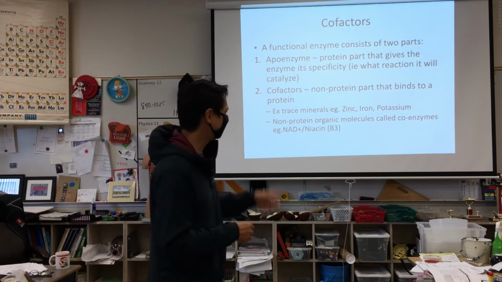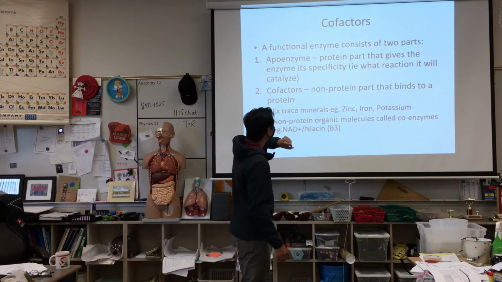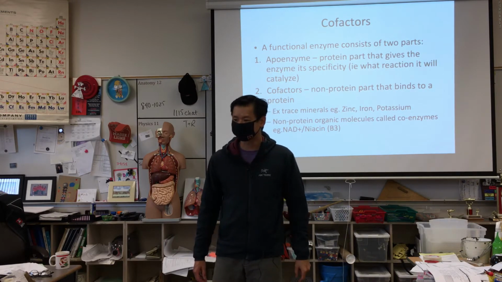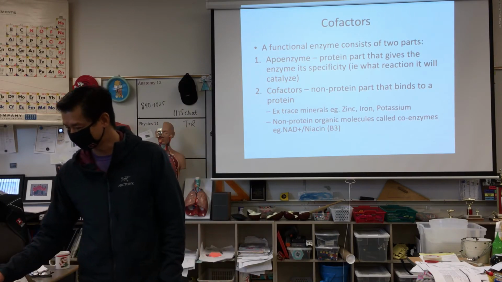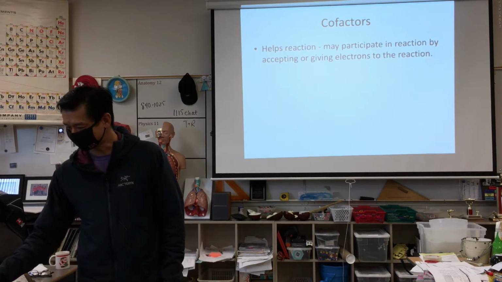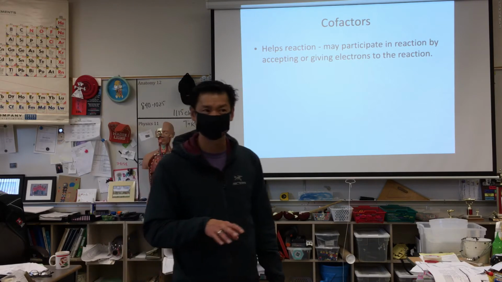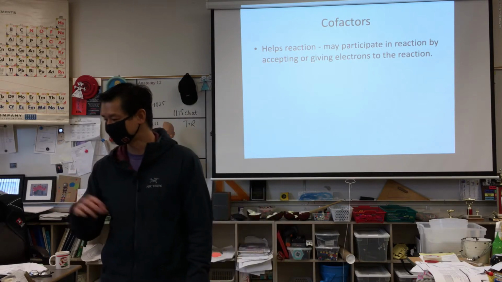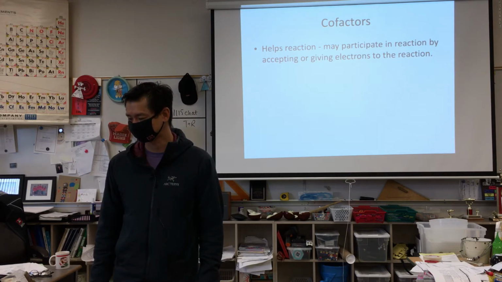You might see that term, so I wanted to make sure you understood what it meant. Many of them require a helper substance to function properly. That's what a cofactor is. It helps the reaction and may participate by accepting or giving electrons, but it's not used up itself. It's spit out and can be reused by another enzyme or apoenzyme.